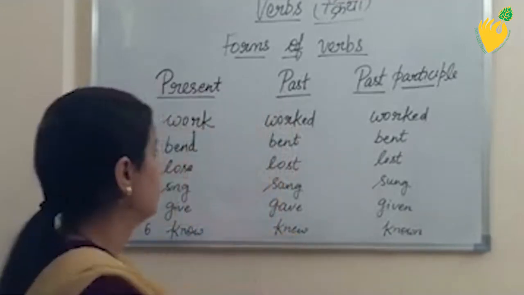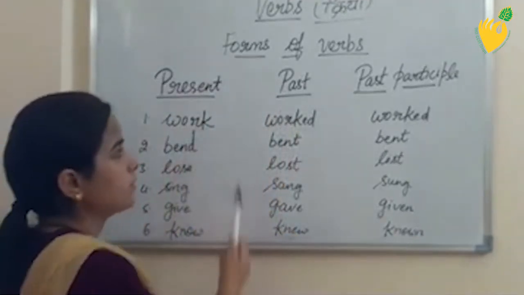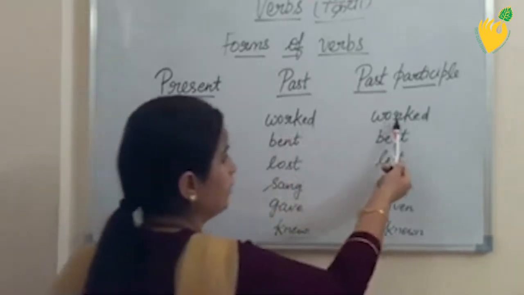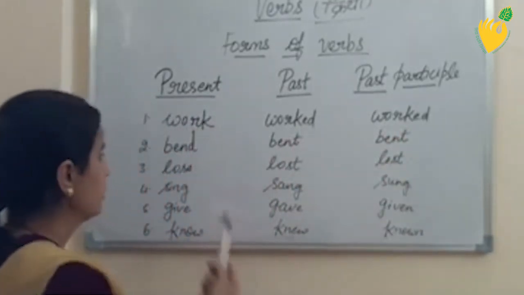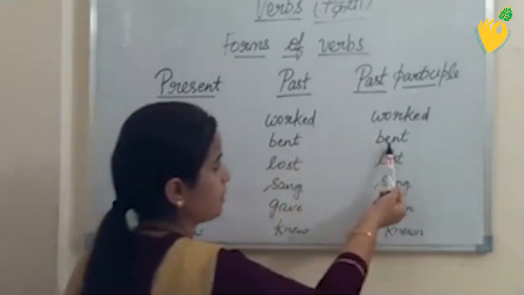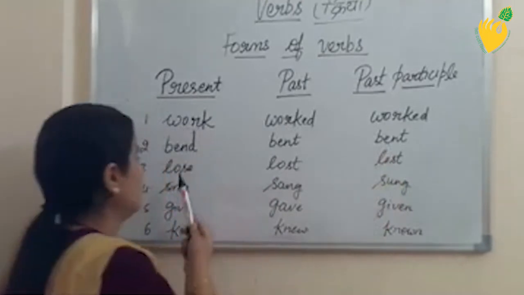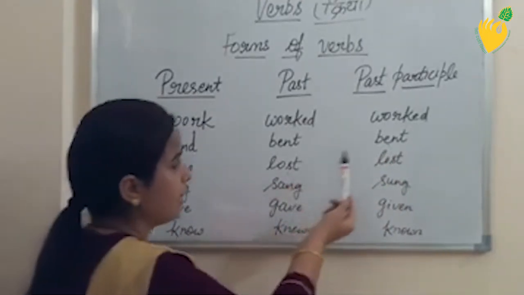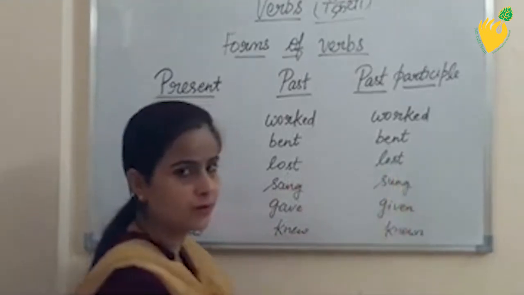First verb is verb, and its past and past participle forms are verb and verb. Second is went, past form is bent and past participle form is bent. Third one is lost. Past form is lost and past participle form is also lost.